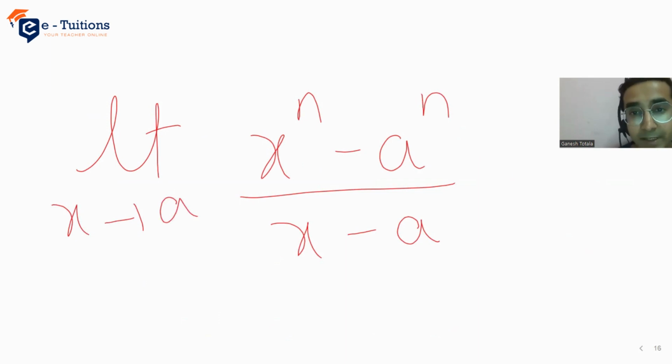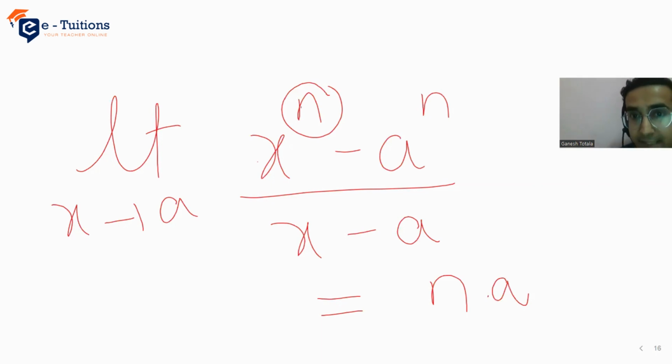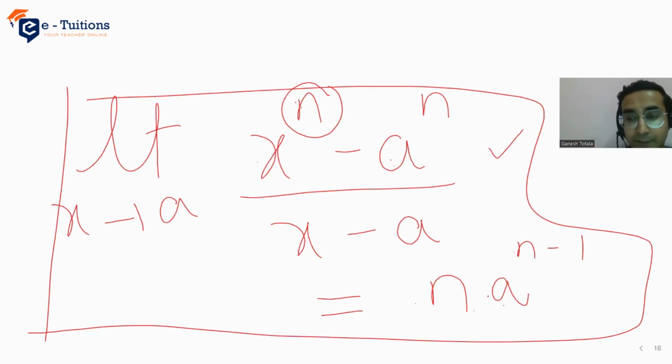This is a standard limit and this limit is always equal to n, whatever the index we have, multiplied by a, whatever the value of a we have given here, raised to n minus 1. Note that if the limits are in this form, x raised to n minus a raised to n upon x minus a, this is always equal to whatever the power we have, that n, into whatever the constant we have given, a raised to n minus 1. This is a very important limit for solving the problems.